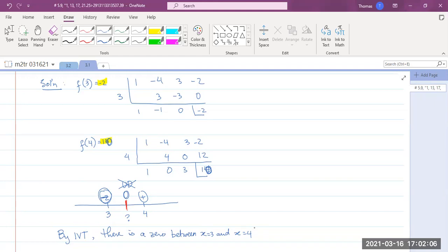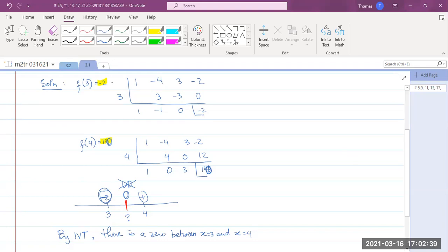Now, intermediate value theorem only tells us the existence. It doesn't tell us what it is. It only tells us that there's a 0 between this guy and that guy, but what is the 0? We don't know. This intermediate value theorem later on becomes quite crucial in 3.3.